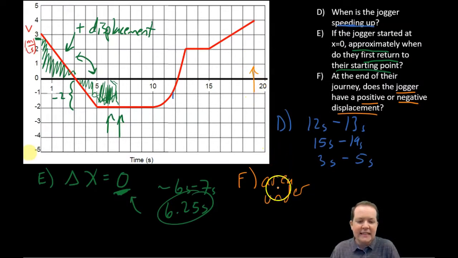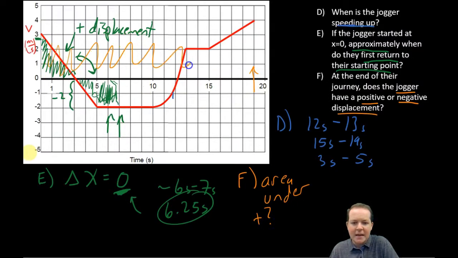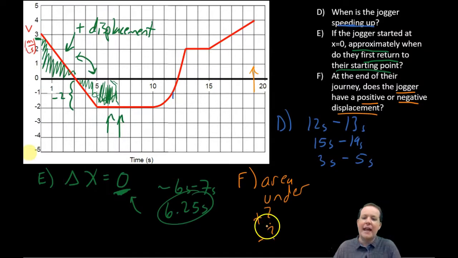After these 19 seconds, do I have a positive area, meaning it's above the x-axis, like up here? Or do I have a negative area below the x-axis, like something like down here? Which seems more? Does the jogger mostly have a positive area or a negative area? The answer is positive. At the end of their run, they end up with a positive displacement.